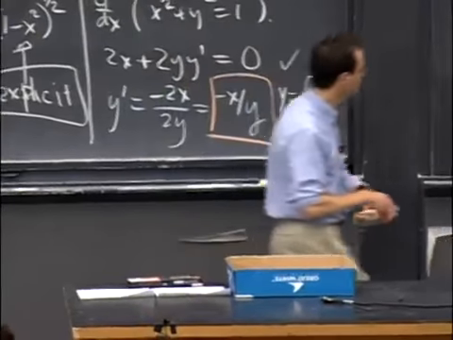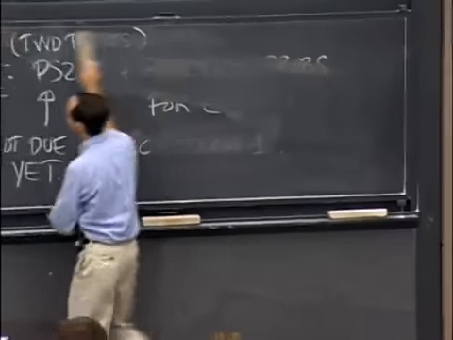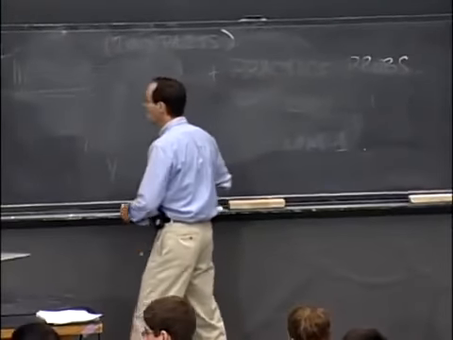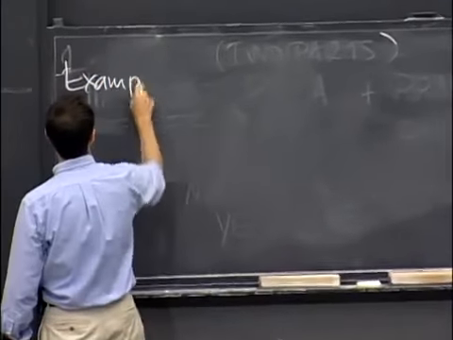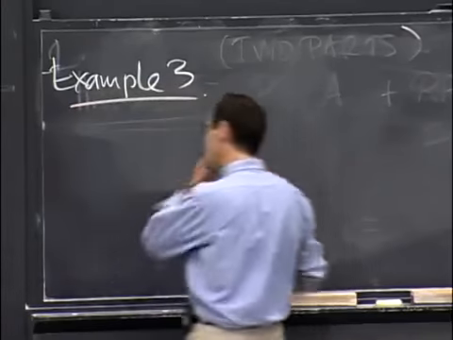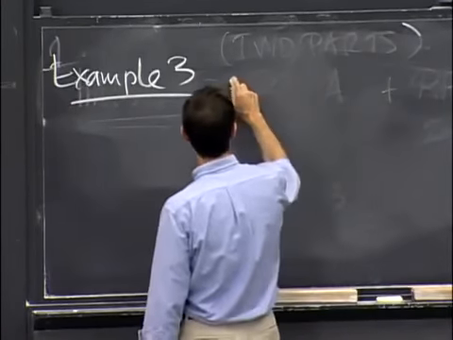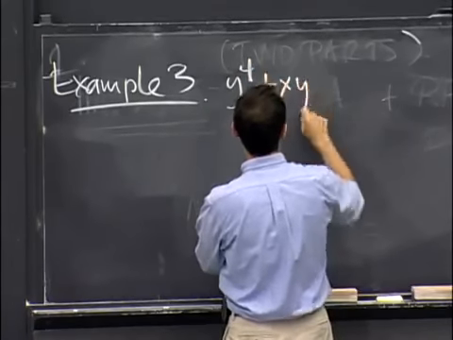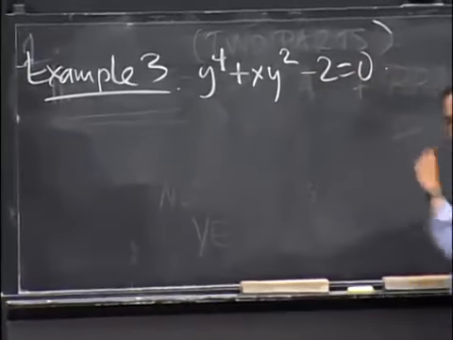So for this example, I'm going to give you a fourth order equation. So y to the fourth plus xy squared minus 2 is equal to 0.